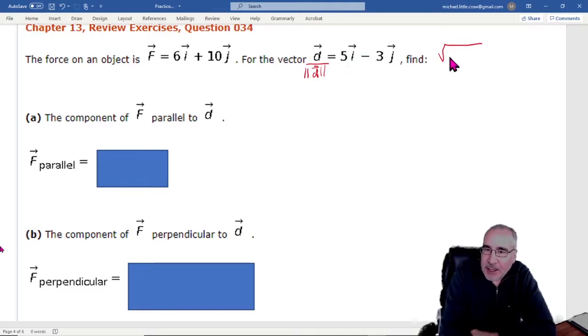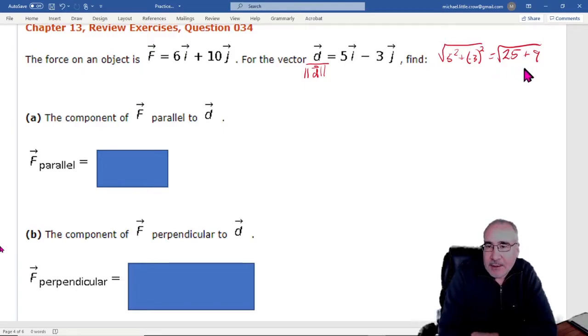That's really what's happening here. And remember, it doesn't really matter if they're positive or negative, but we don't want to get too sloppy. It is a negative 3, but when we square, it's going to be positive. So that's going to be 25 plus 9. That's going to give us 34, square root of 34.